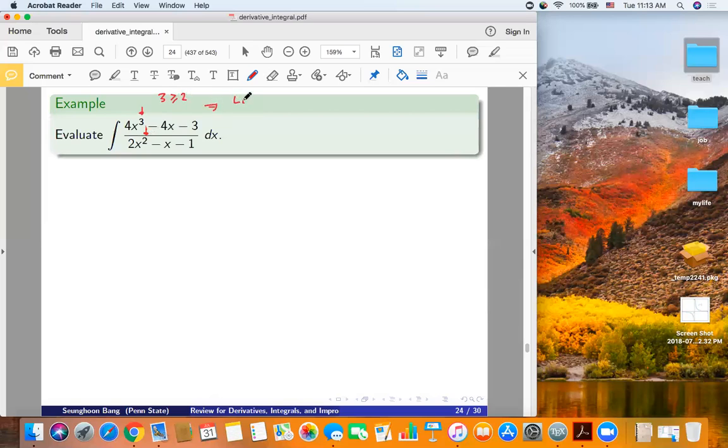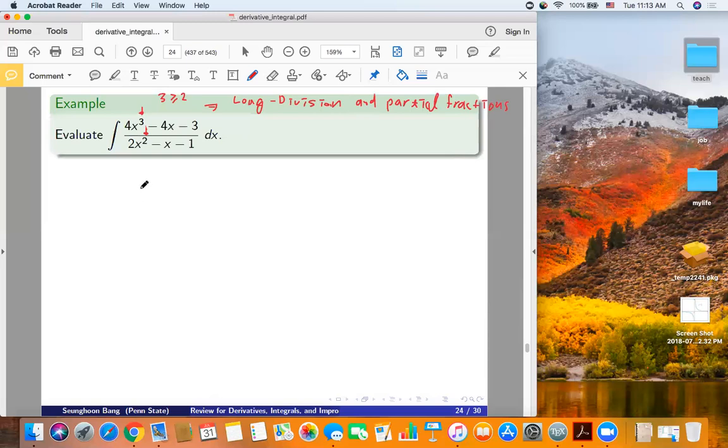We use long division and partial fractions. This is the whole idea. The partial fraction idea starts with long division. You can use long division first.